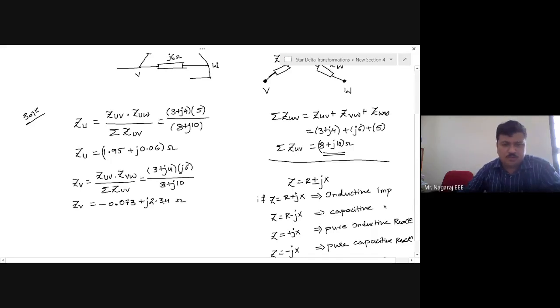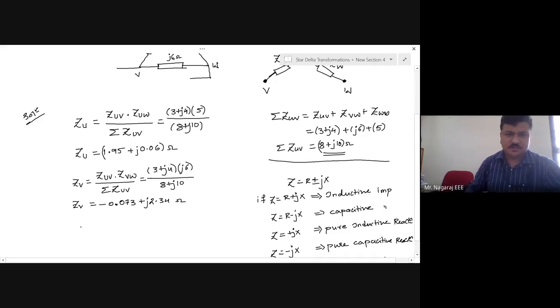When compared to 2.34, 0.073 is very, very small. It is near to 0, almost 100 times smaller than this value. So what this indicates is that this ZV is almost a pure reactance. That is the meaning you should understand. You can keep the values, but that is the meaning you should understand.